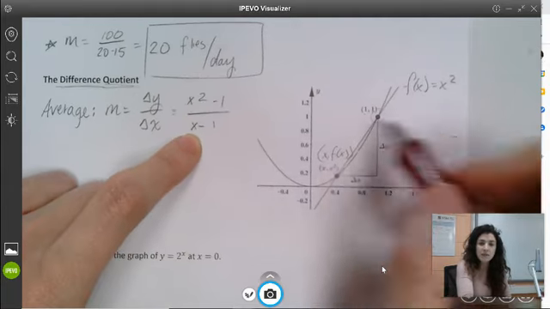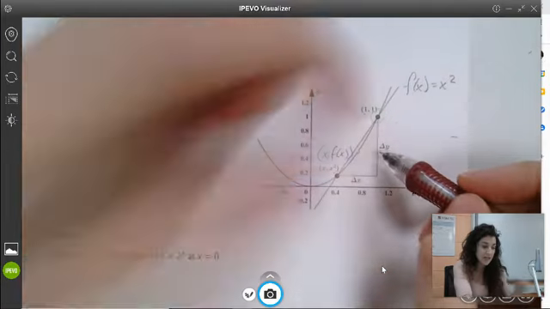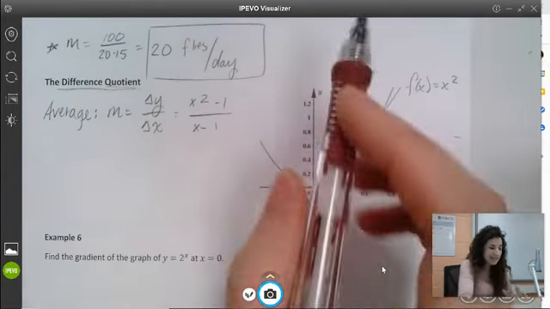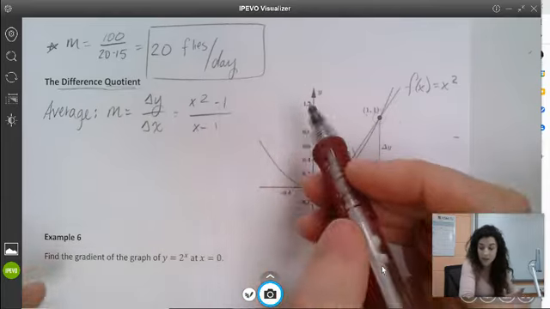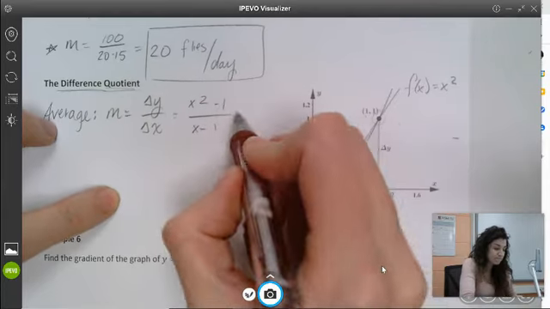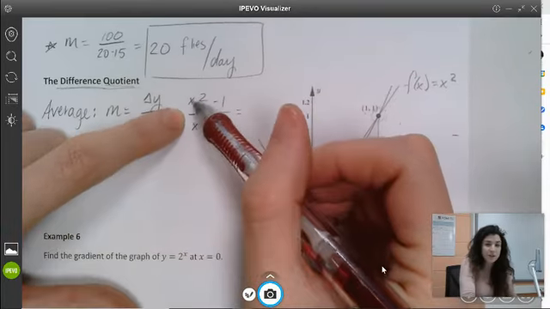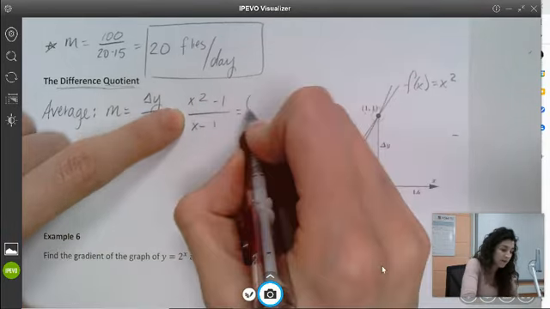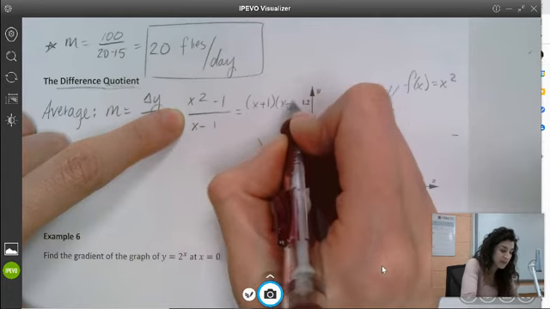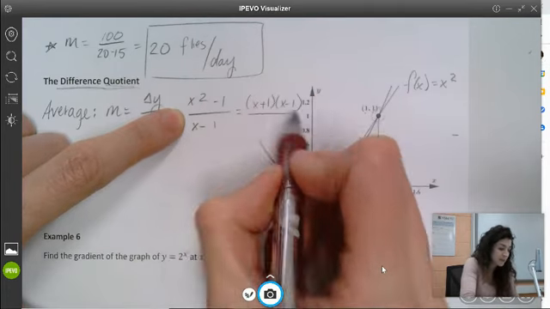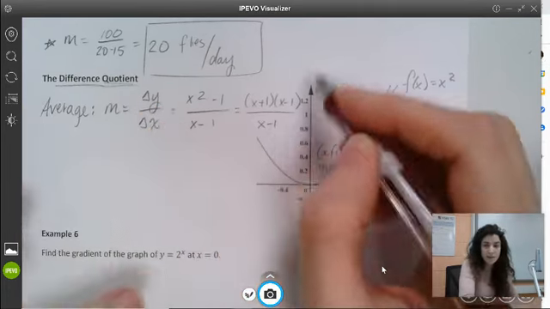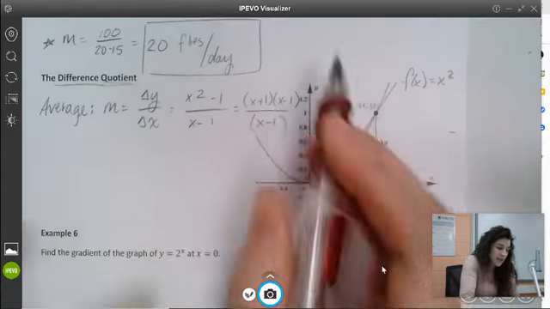Kind of strange. So if I wanted to figure out what is the average rate of change, I can simplify this a little bit if I wanted to. Remember, difference of two perfect squares, x squared minus 1 factors into x plus 1 times x minus 1. If you remember that, awesome. If not, don't freak out about it. It's totally fine.